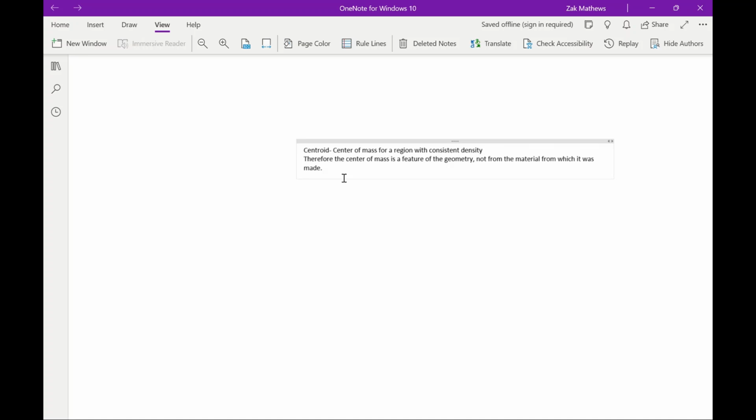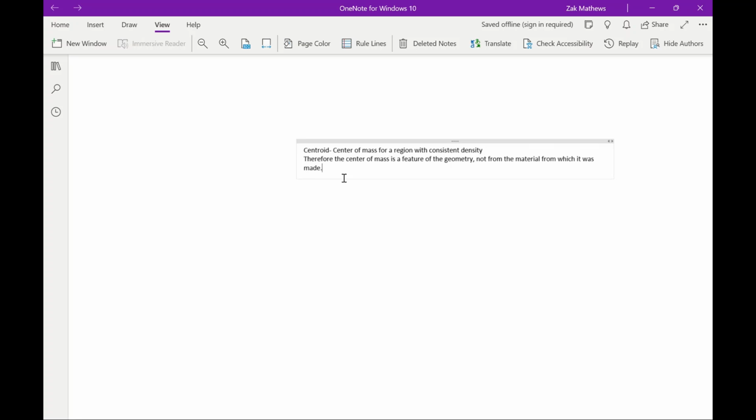Now, there are times that the material does matter. You could have a material where it's an inconsistent density. Don't just think about having different depths, right? You could have something with different depths in a third dimension, kind of like a rock. It has different shapes on the x-y axis and also on the z-axis, but it could also have different densities.